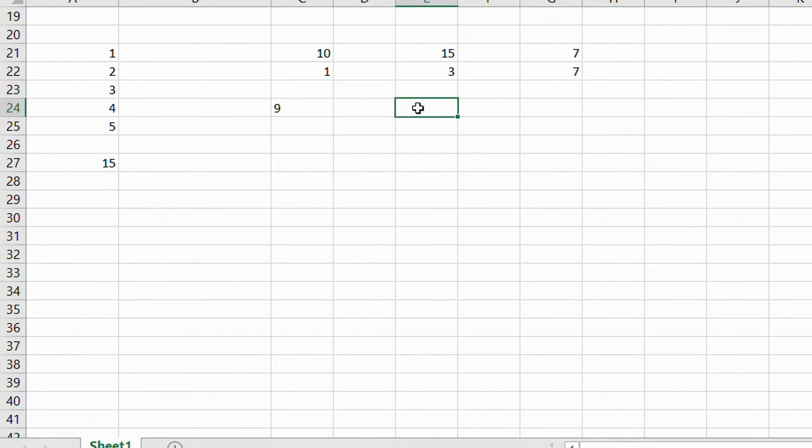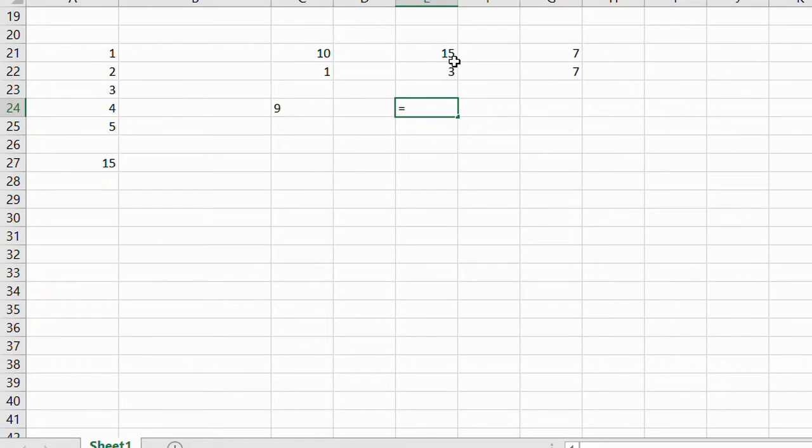On to division, we want to find out how many times 3 can go into 15. So in this case, you want to again find an empty cell and type the equal sign. There is no function for division, so you want to put the numbers manually or click on the cells and put a divide sign.